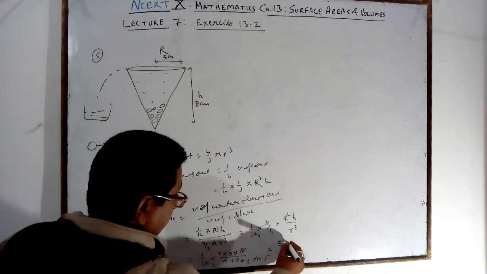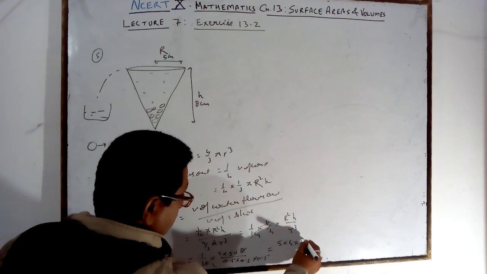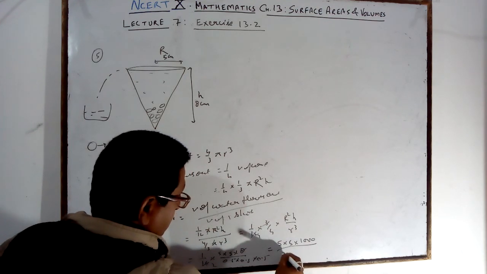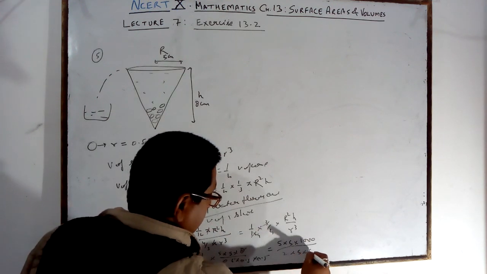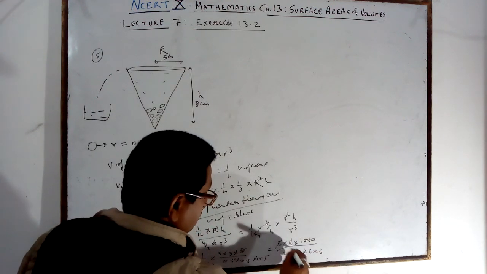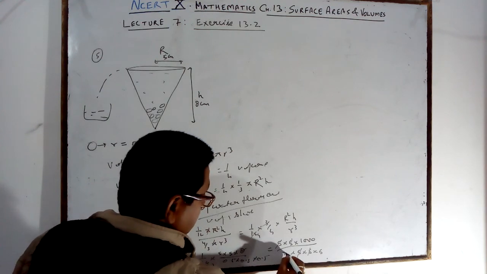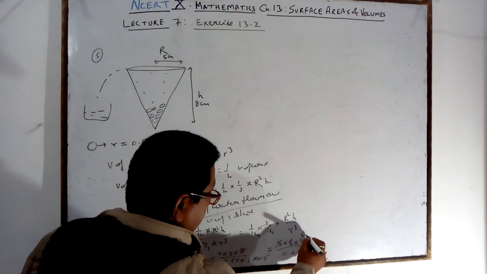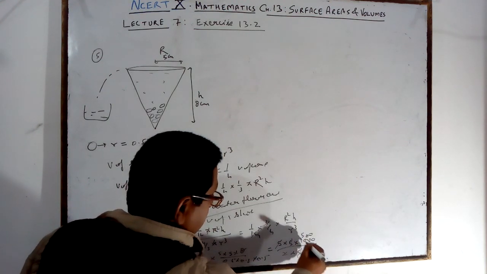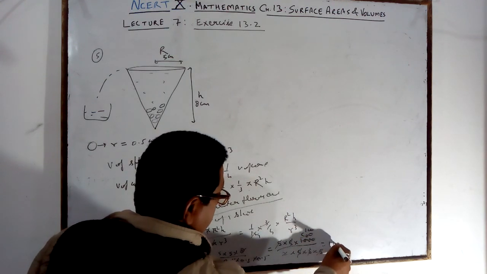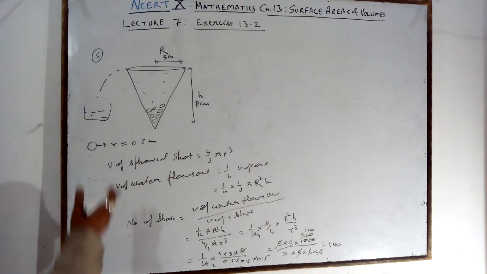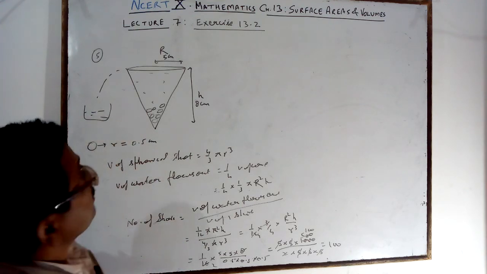So 5 into 5 into 1000 upon 2 into 5 into 5 into 5. Both the 5s cancel. 2 5s are 10. Then 500. How many lead shots are required? 100 lead shots are required to raise this water that flows out.